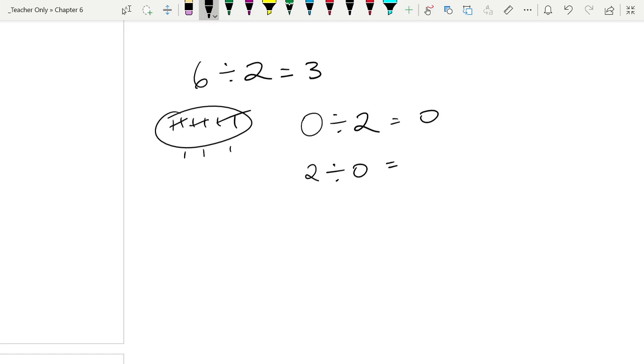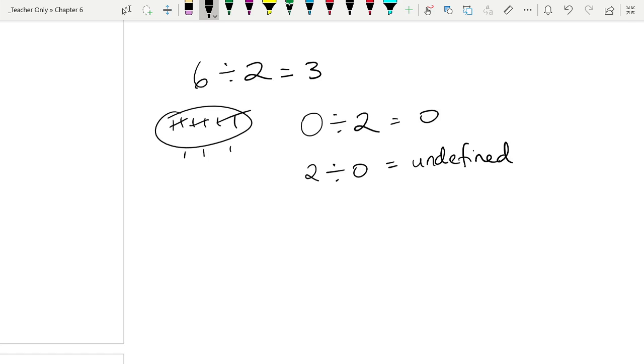And because I could keep taking away 0's forever, maybe you've even had somebody try to convince you that the answer to this is infinity. Actually, no, it isn't. Right? Because even if I did take 0 away from 2 infinite times, I don't run out of 2. I still have 2. This does not have an answer. There is no mathematical way for me to explain to you how many 0's I could take away from 2 before I ran out of things. So I have no choice but to say that this isn't mathematically defined.